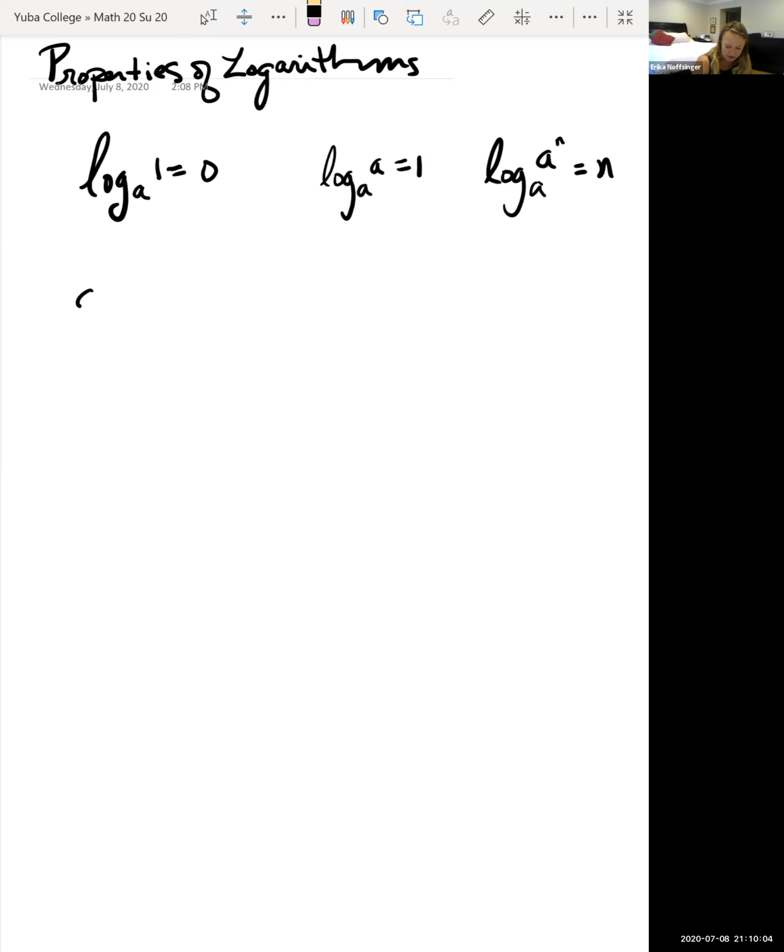Another one, which is a log this exponent. So a raised to the log base a of m equals m. I've always known this one, but I've never seen the proof of it.